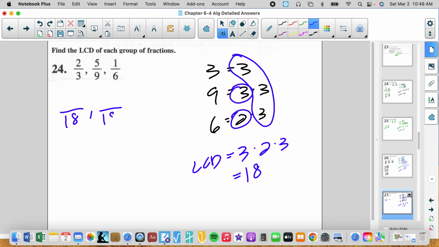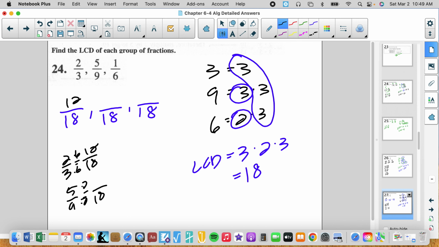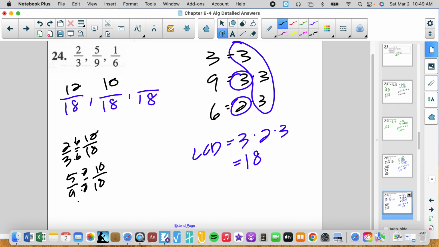So 2/3 equals how many 18ths, times 6 is 12. 5/9 equals how many 18ths, times 2 is 10/18. And 1/6 is equal to how many 18ths, times 3?